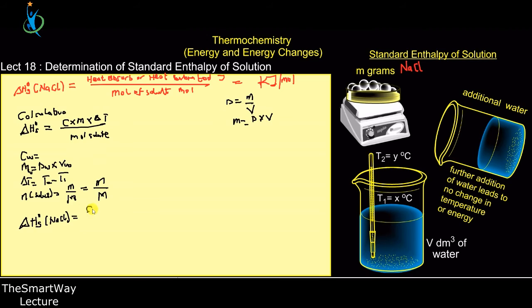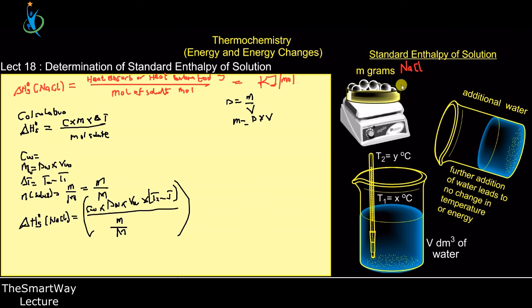And so we have the specific heat capacity of the water multiplied by the mass of the water, which is now the density of the water times the volume of the water, then times the change in temperature, T2 minus T1. And then I divide it by the mole, which I now know is small m over big M. So this is the formula. So this is the experimental determination.